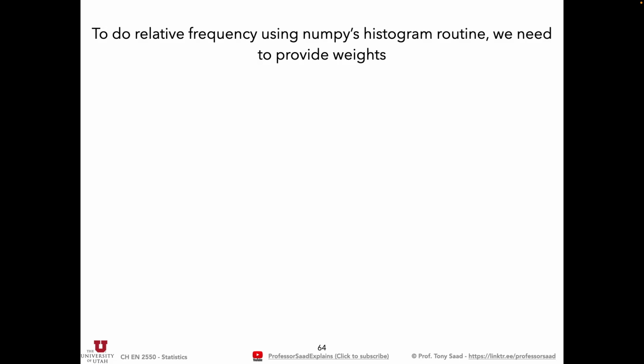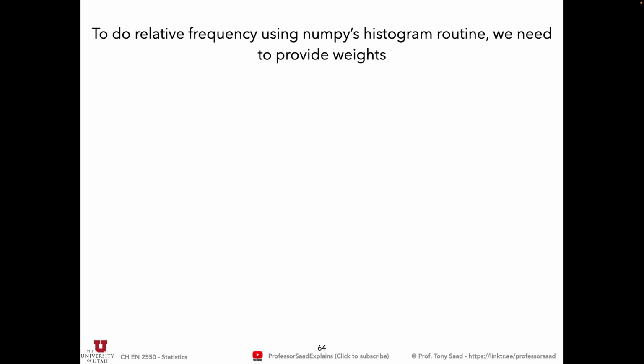I mean, you can take the counts and divide them by the length of that array of counts, and you get a percentage. All right? Or you can automatically pass that information into the NumPy histogram routine. Both of them will work just fine.